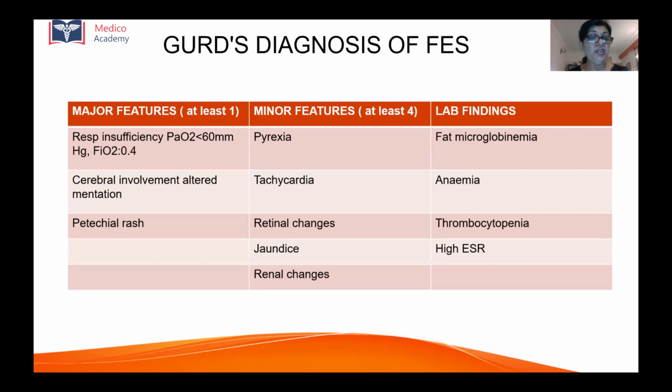The major features are respiratory insufficiency, that is PO2 less than 60 millimeters of mercury, cerebral involvement, altered mentation, and petechial rashes. The minor are pyrexia, tachycardia, retinal changes, jaundice, and renal changes. And the lab findings may have fat macroglobulinemia, anemia, thrombocytopenia, and a high ESR.